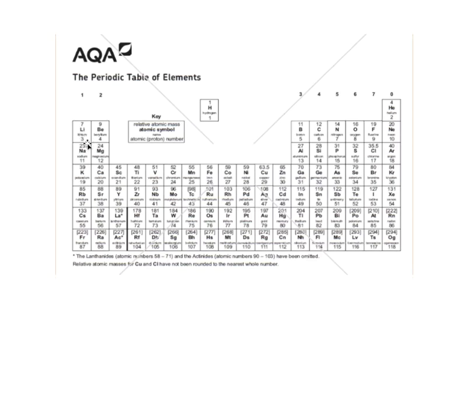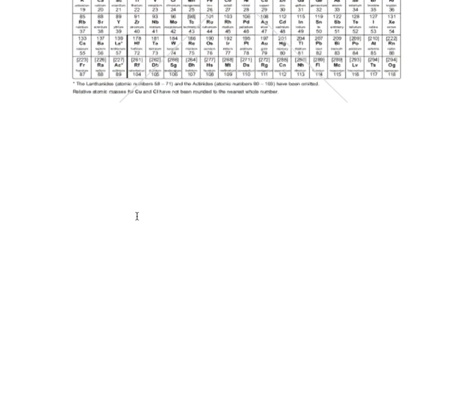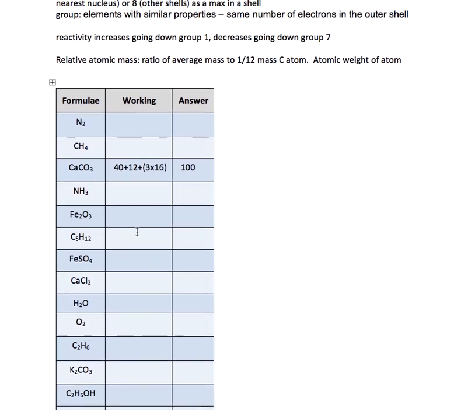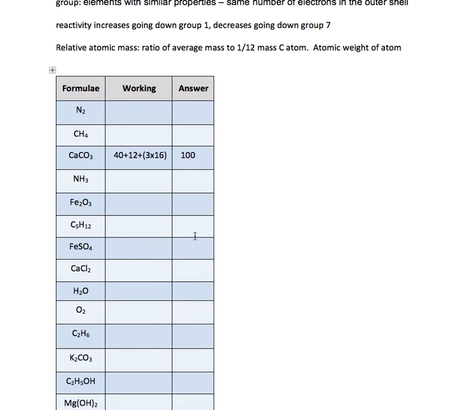It also happens to be the number of electrons orbiting the nucleus of the atom, but the definition of atomic number is the number of protons in the nucleus. Don't talk about electrons if you ask what the atomic number is, but the number of protons and the number of electrons in an atom is the same. So I'm going to ask you now to stop the video, complete these, and then come back.